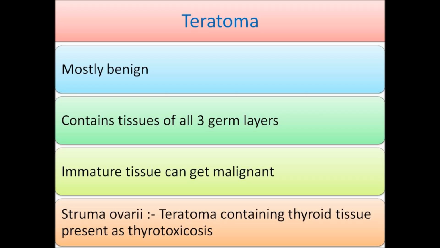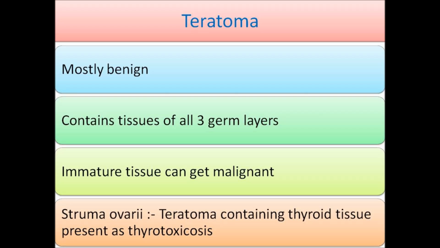I said teratomas are usually benign. However, they can undergo malignancy in two ways, which is rare. First of all, if we have an immature tissue within this teratoma, this immature tissue can undergo malignancy, and the most common immature tissue is the neuroectoderm.